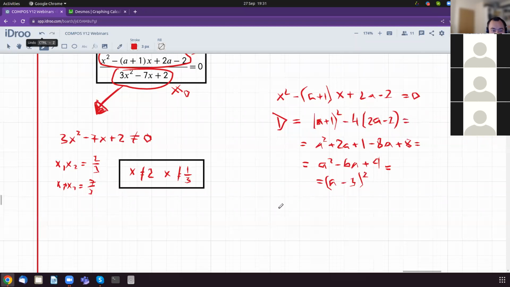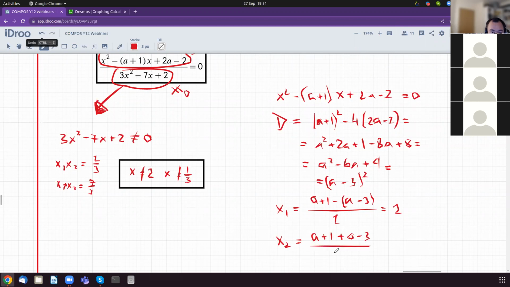And now you have x1 equal to (a plus 1 minus (a minus 3)) divided by 2, which is a minus a, 1 plus 3, so that's 2. And x2 is equal to (a plus 1 plus a minus 3) divided by 2, which is a plus a, so that's minus 2 over 2, which is minus 1.